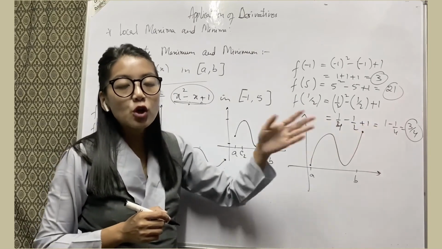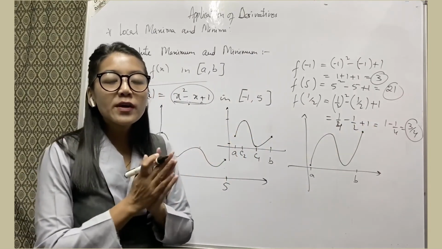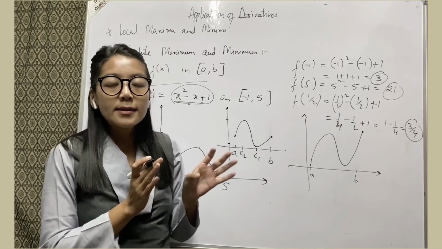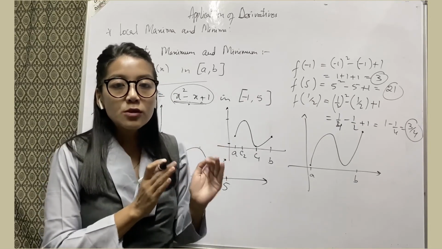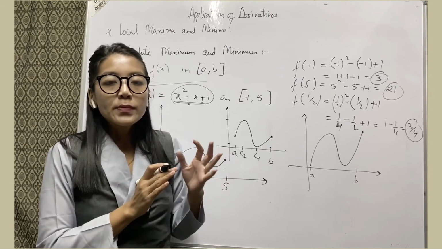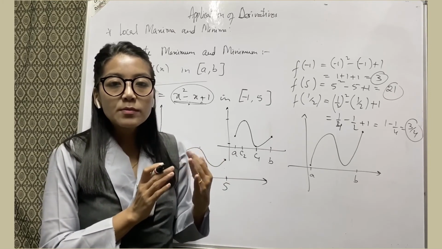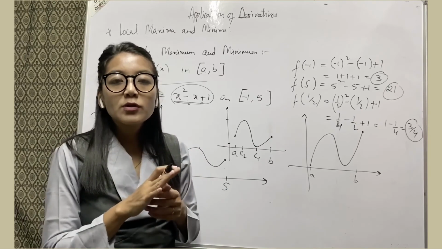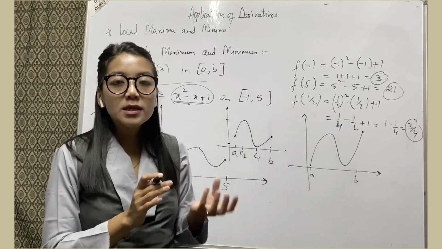So always remember, when you're asked to find the absolute maximum and absolute minimum value of the function, the given interval will always be a closed interval. First, to find the maximum and minimum value of the function, you have to find the derivative to get the critical points.